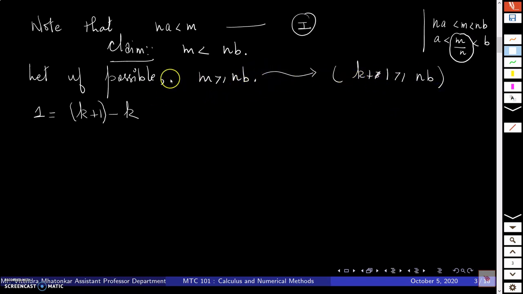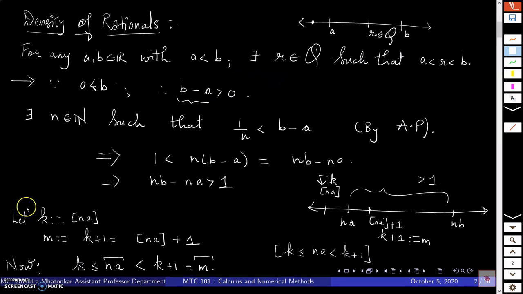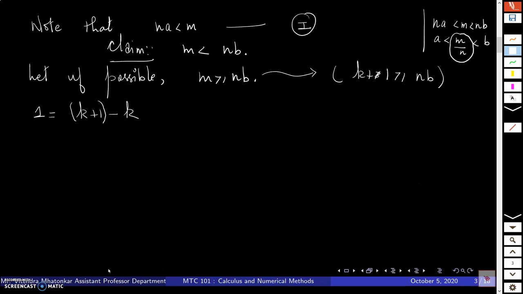And if I look at k, if I go back, k is less than or equal to na from here. So I'll do that in my rough work. The first thing is k plus 1 is bigger than or equal to nb. Second thing is k is less than or equal to na. So if I multiply both sides by -1, minus k would be bigger than or equal to minus na. The inequality is reversed because I'm multiplying by -1.